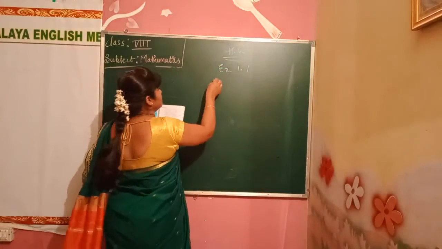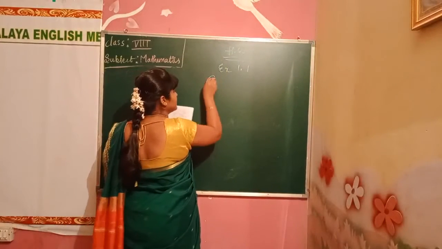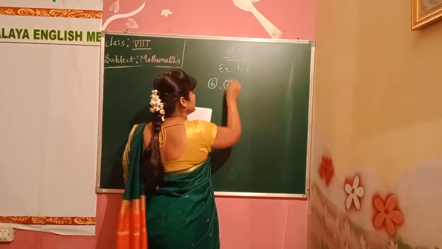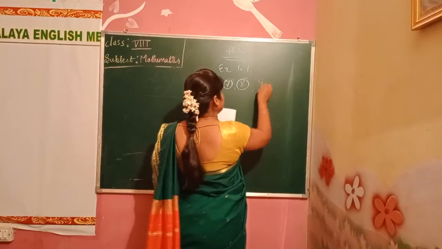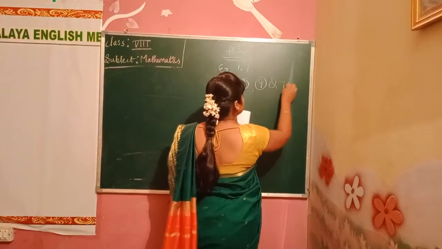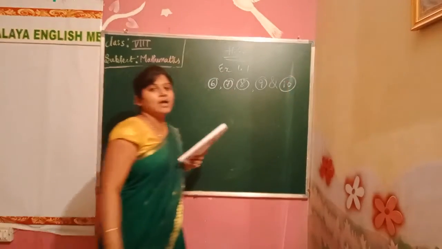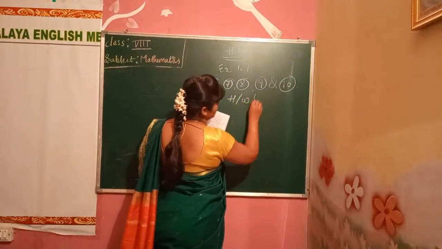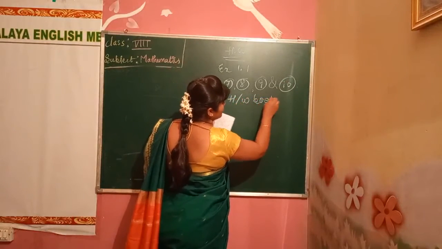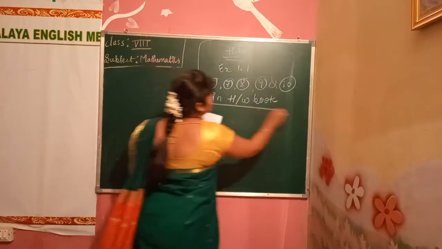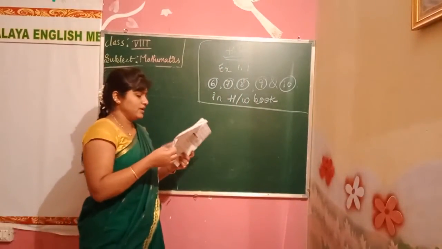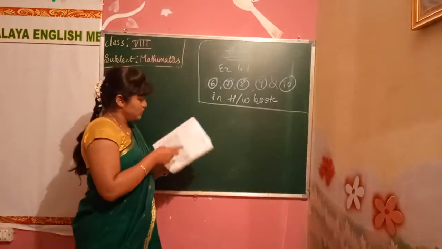Okay, 5 we did, 6, 7, 8, 9 and last one 10 sum you have to do by yourself. In which book? Homework book. In homework book. Okay, 5 sums and some more sums I am giving today. Please do that also.